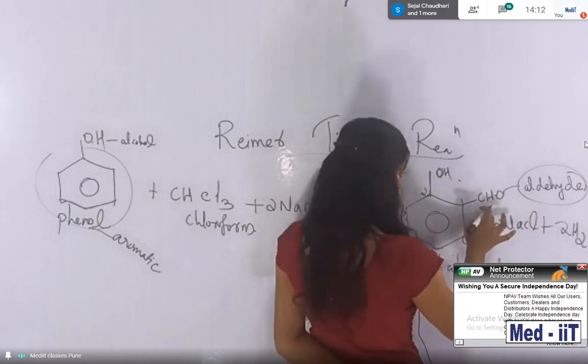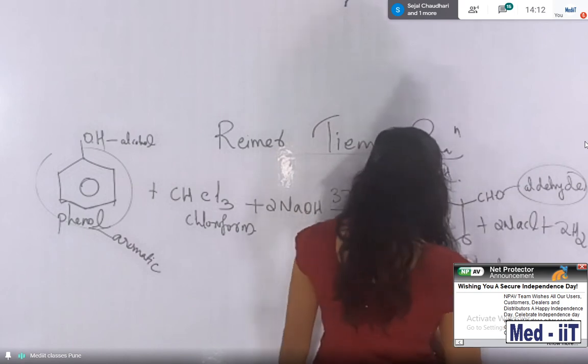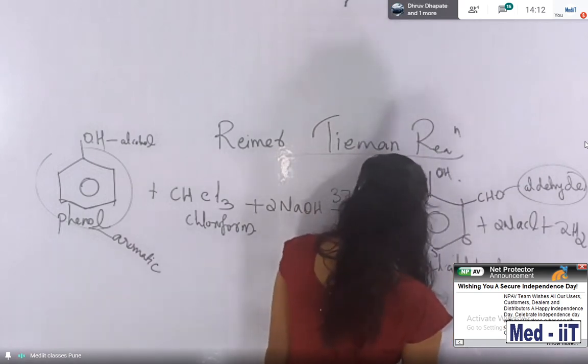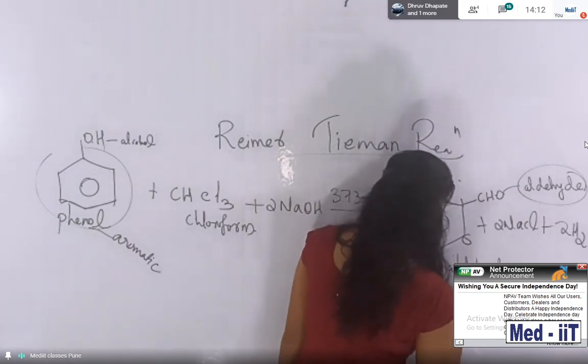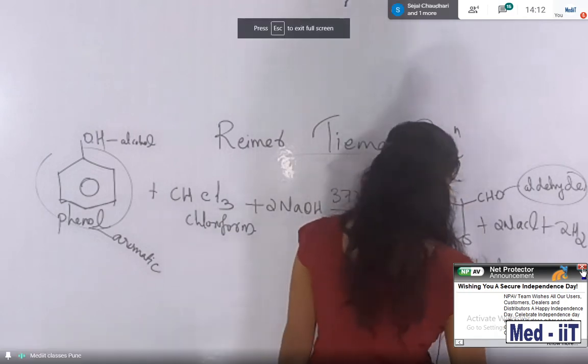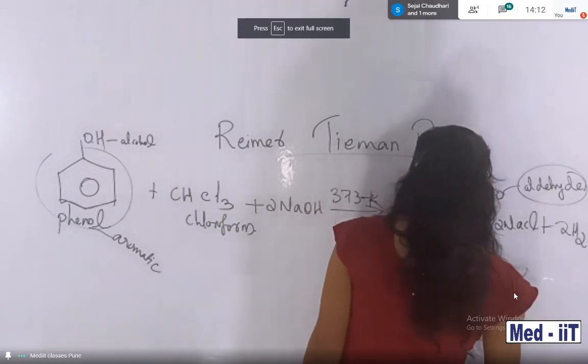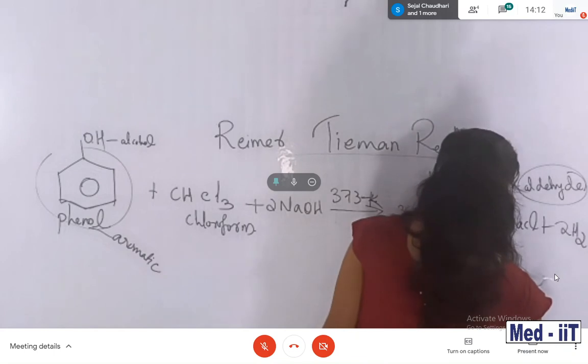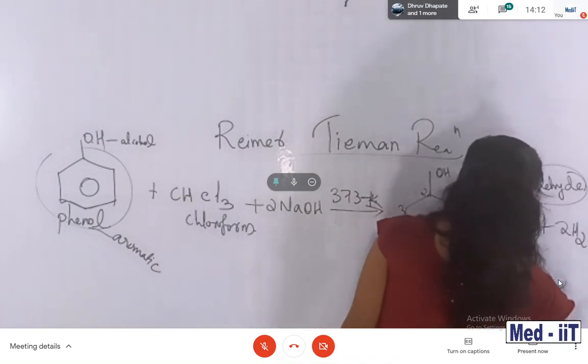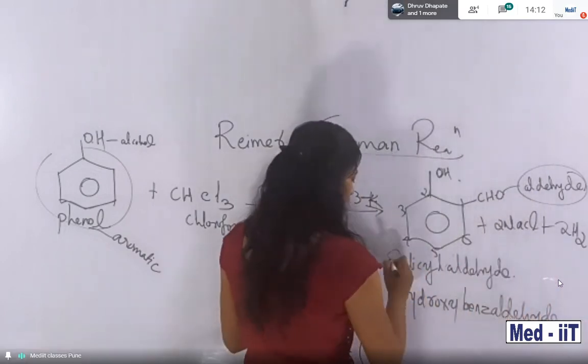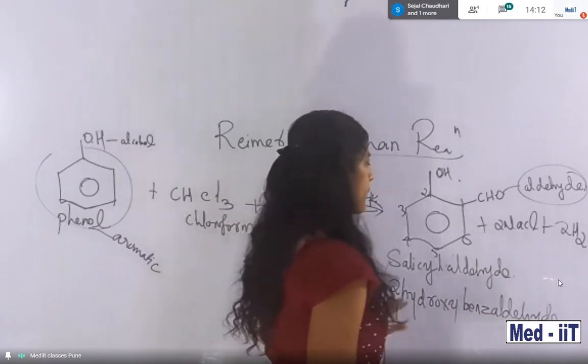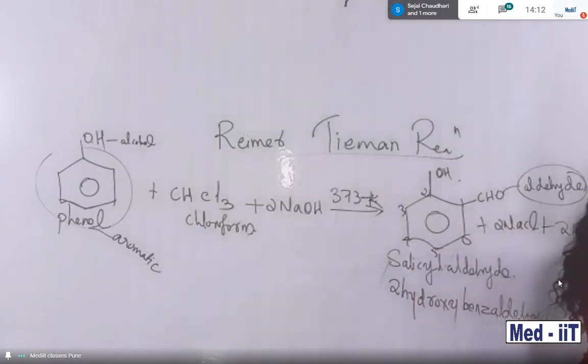So salicylaldehyde or 2-hydroxy benzaldehyde. This is the setup. Another name is salicylaldehyde or 2-hydroxy benzaldehyde. This is a common chemical, salicylaldehyde, from the Reimer-Tiemann reaction. Okay, keep this in your mind.